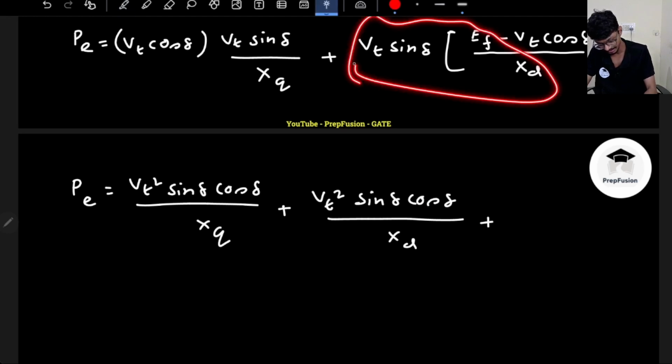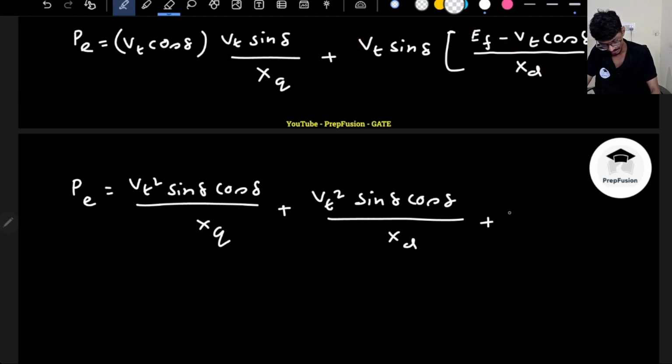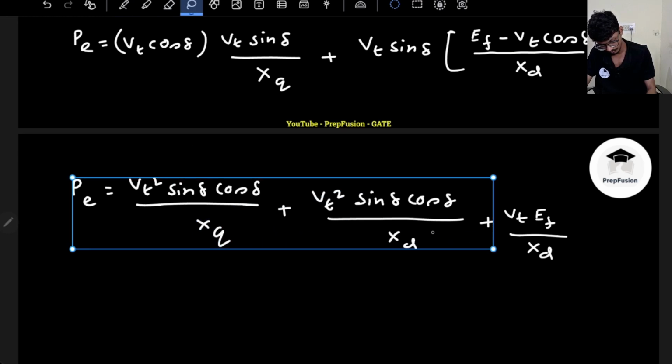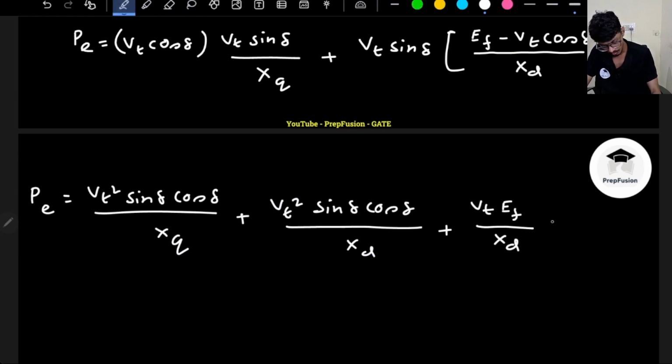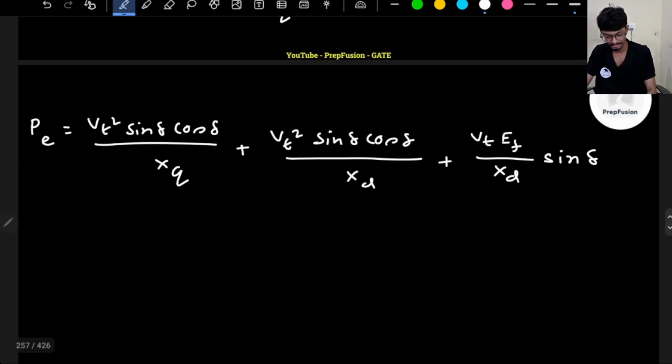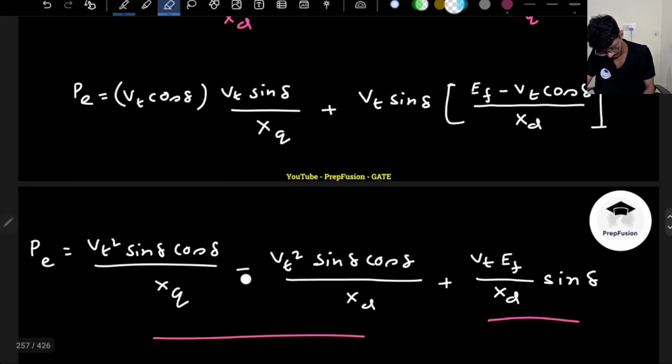This is something familiar, right? This seems something familiar. VT EF by XD into sine delta. This seems something familiar, but this is not familiar, right? Okay, one more thing, this will be negative.